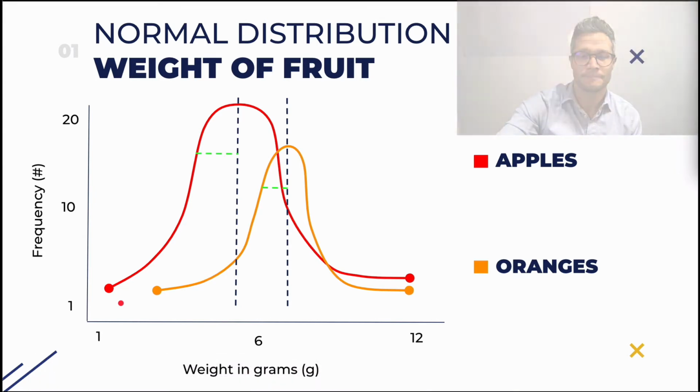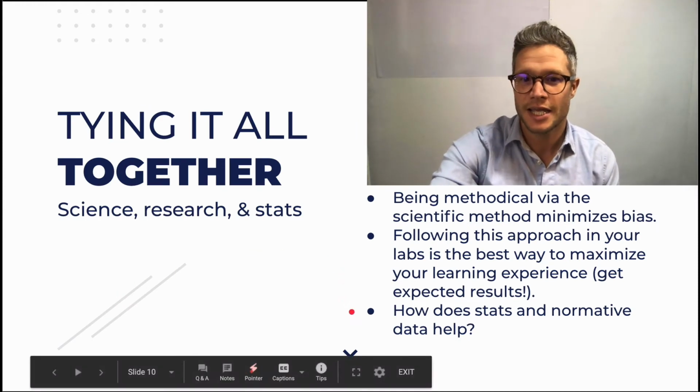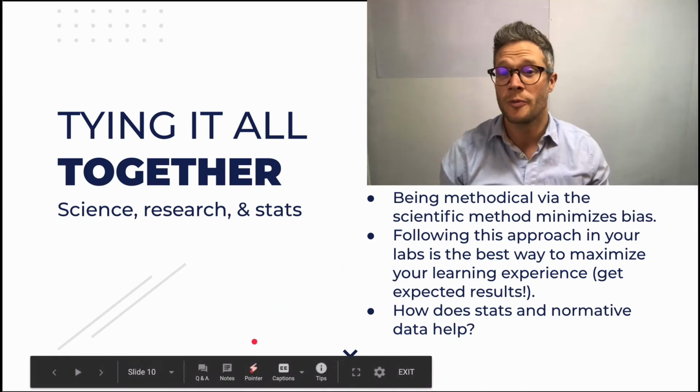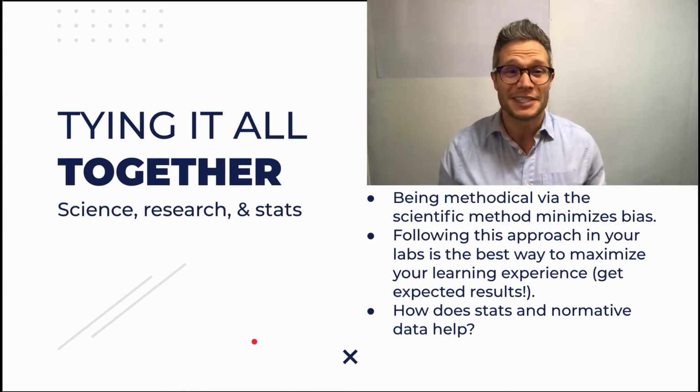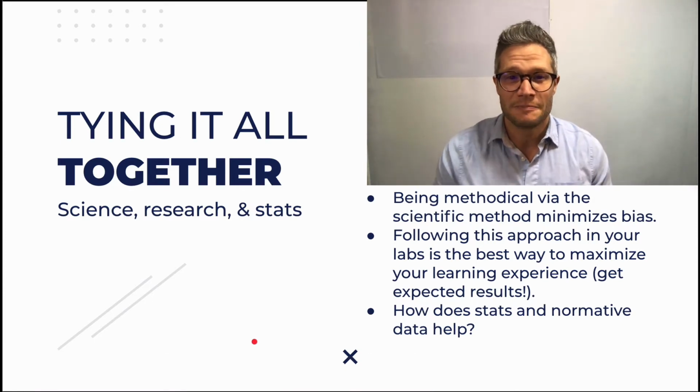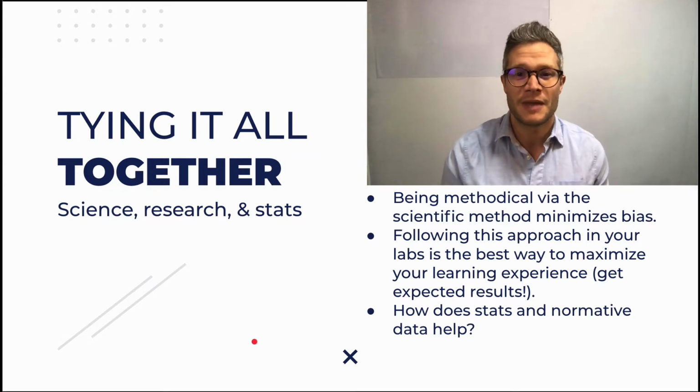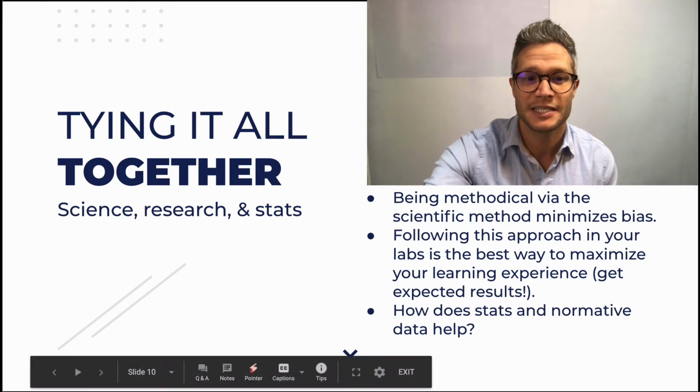Okay. All right. So I'm going to try to tie that all together a little bit for you here before we move on to the more movement-based stuff. We'll leave the scientific method for a bit. But being methodical via the scientific method really helps minimize bias.